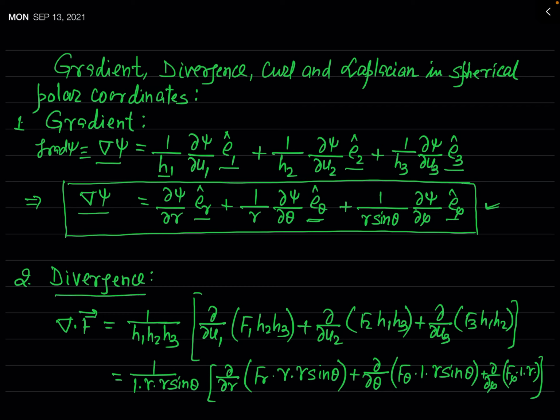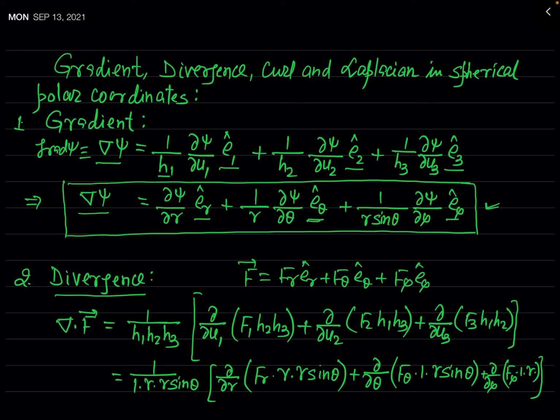Now we will see the expression for divergence of a vector function. Let us consider that f is a vector function, and in a spherical polar coordinate system we will denote it by fr er hat plus f theta e theta hat plus f phi e phi hat.